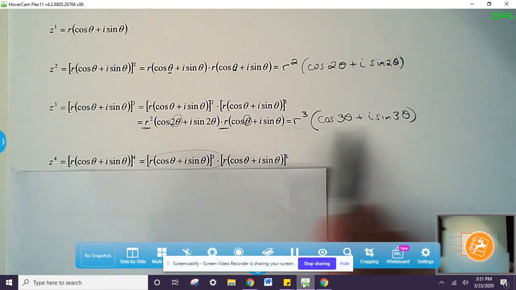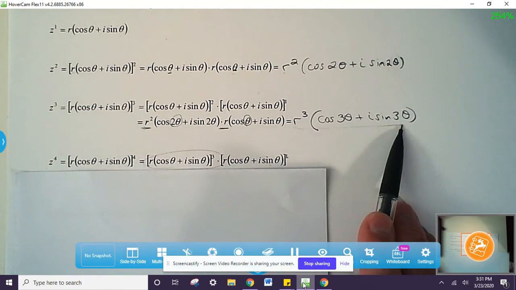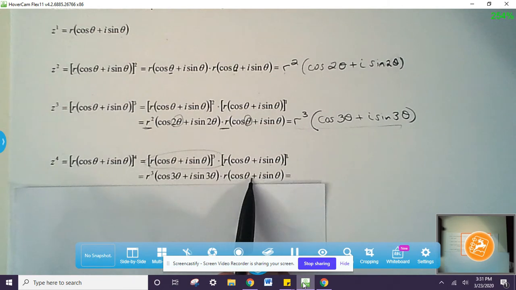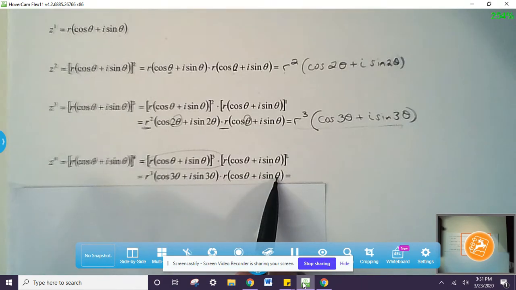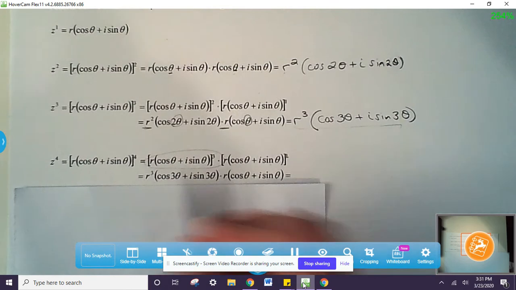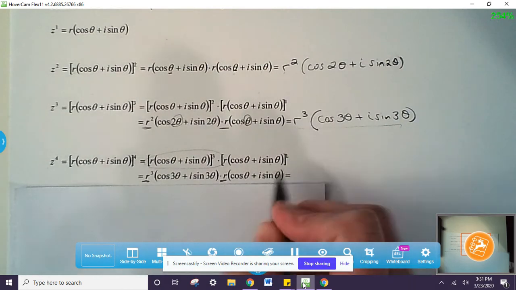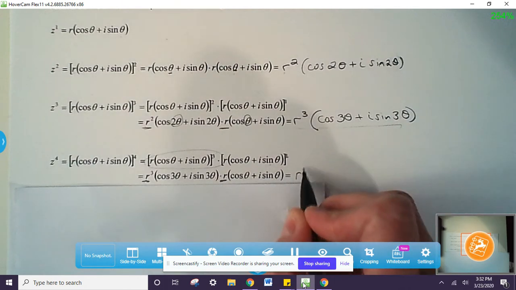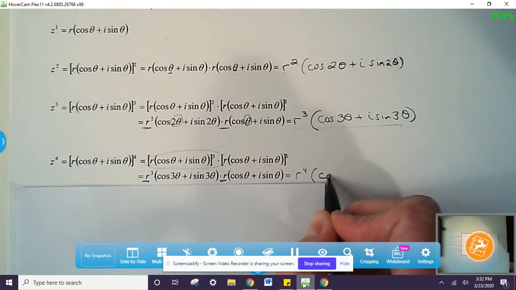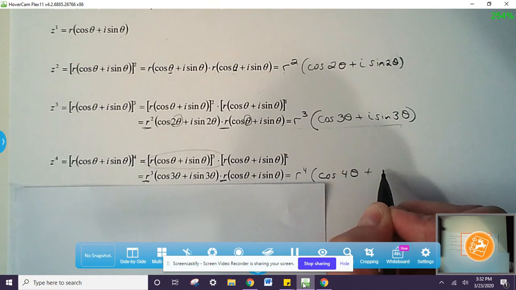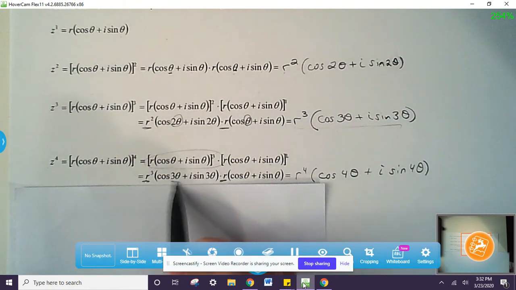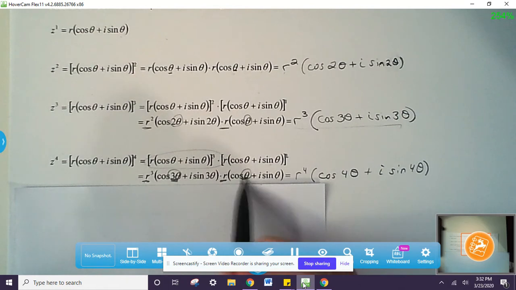So if I pop this in there, r to the third times cos 3 theta plus i sine 3 theta times r times cosine theta plus i sine theta, we can use our multiplication formula again. So I'm going to multiply the r's. r to the third times r to the first is r to the fourth. And then when we add the thetas, we're going to end up with 4 theta when we add the 3 theta and the 1 theta.